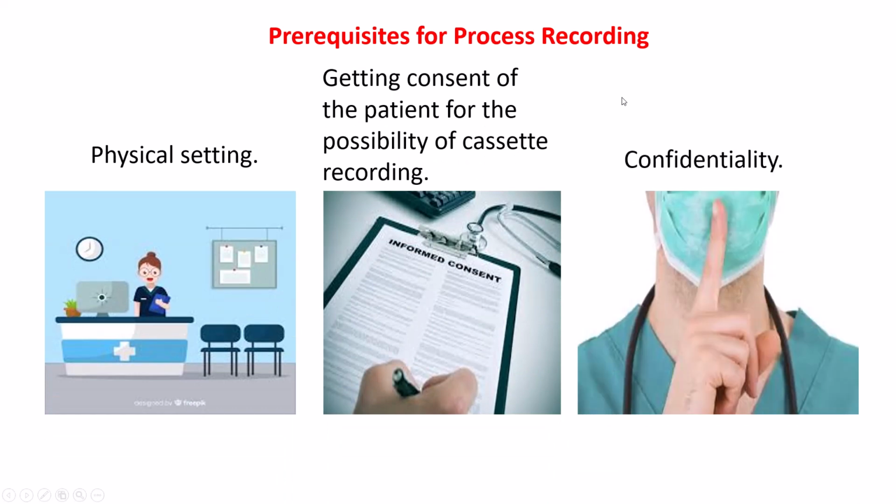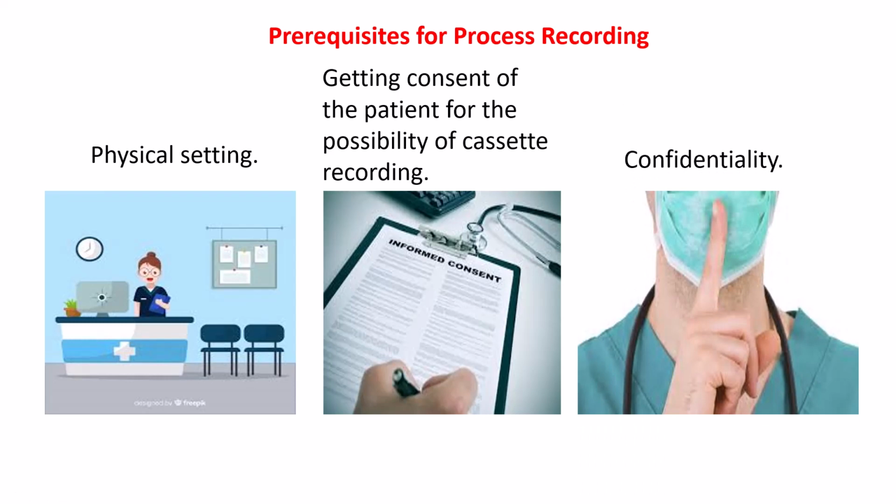Next is confidentiality, that we have to get ready mentally. We have to prepare that we should not leak the information whatever we received from the patient. Confidentiality is very important because in future, after going back to society, the patient may get problems if his problem reaches the society, because psychiatric problems are not accepted by society. People will feel that psychiatric patients are not able to function as normal human beings.